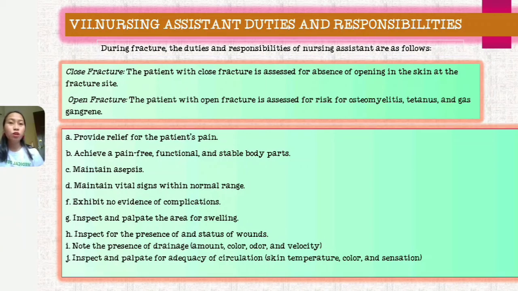So open fractures are very prone to bacteria. That's why if you encounter a patient with an open fracture, we should always use gloves, because in that way we can protect ourselves and also protect the patient.